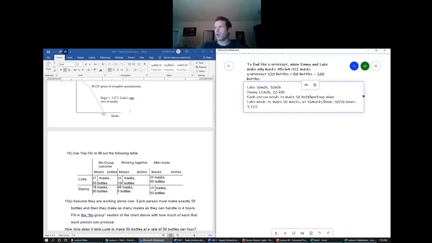They each need to make 50 bottles working alone. 50 bottles at a rate of 30 bottles per hour. So 50 divided by 30 is 5/3. 5/3 hours that he spends on his requirement for bottles, on bottles.